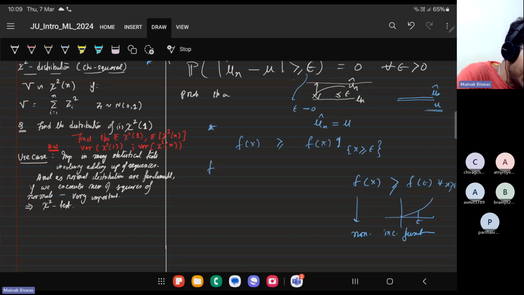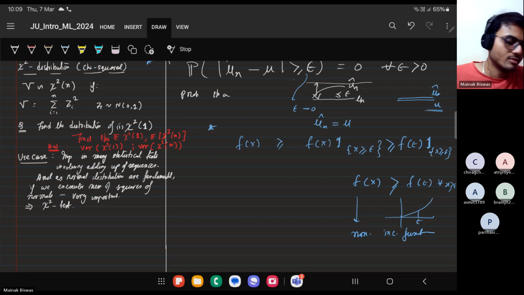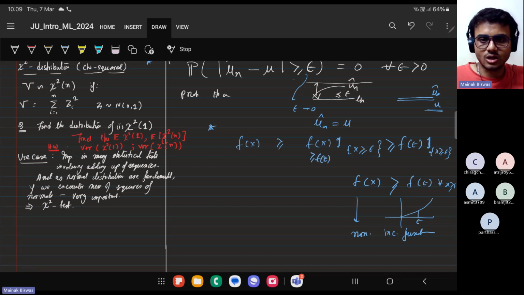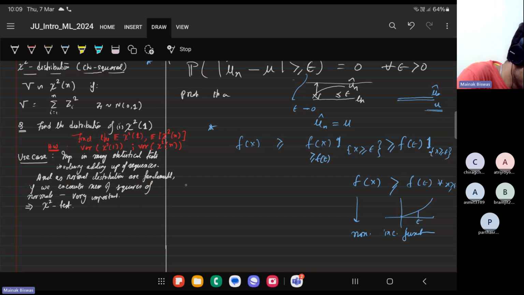Now I can still continue with the inequality, f of epsilon times the indicator of x greater than epsilon. Yes or no? And it is always positive, so there is no inequality flipping here, right? So I'll get f of x greater than or equal to f of epsilon times the indicator of x greater than epsilon.